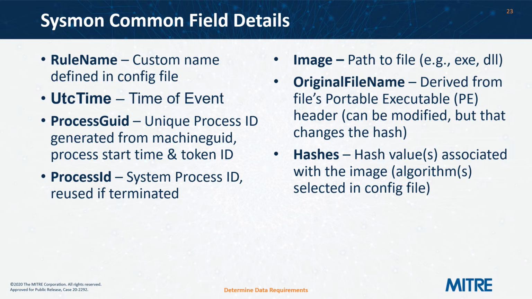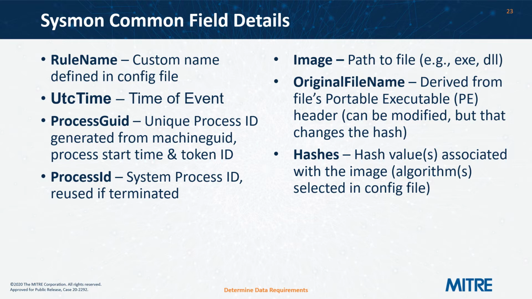On the other hand, original file name is derived from the portable executable header and would stay consistent even if moved to a new location. Similar to process GUID and process ID, these two fields seem similar but have different attributes, and each is more appropriate for different use cases.